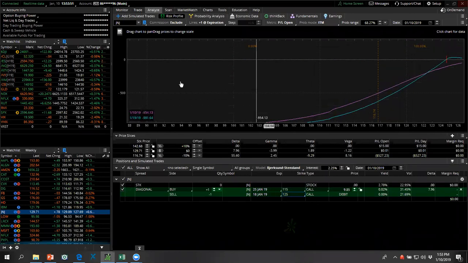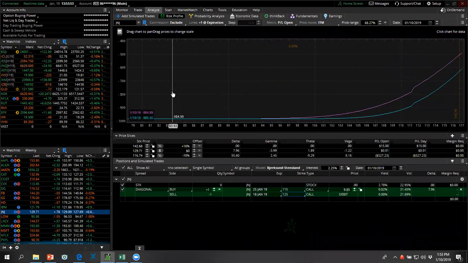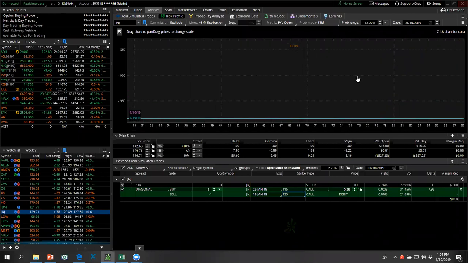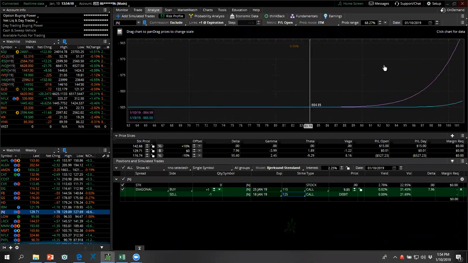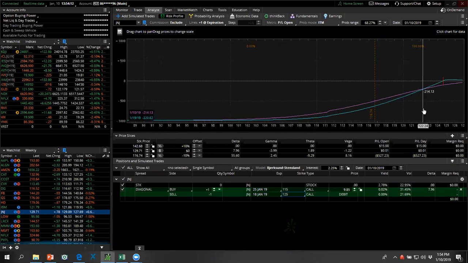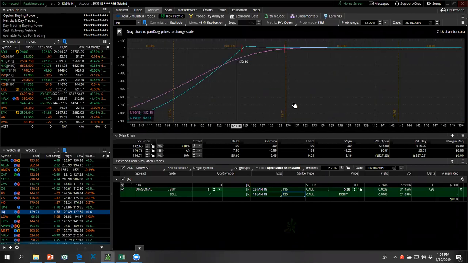The risk is whatever the maximum it can lose, which is $985 in this case on J&J stock. If it should go down to zero, and you expire it, that position would be minus $985. What's the reward? Or in other words, how much can this trade make?